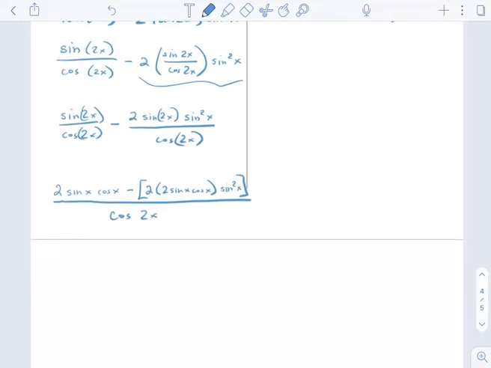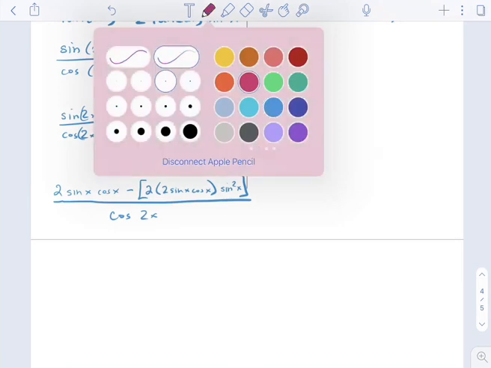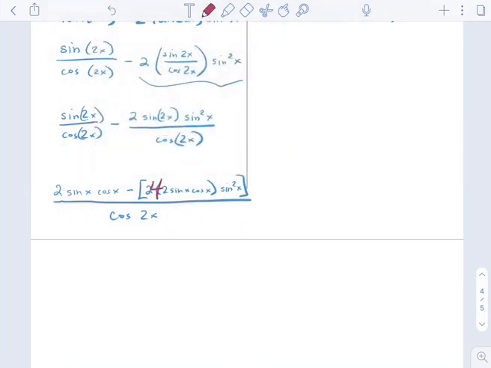So now normally what we would do is distribute. So I'm going to distribute this negative inside. But I'm also going to simplify it a little bit because I know that 2 times 2 is going to be 4. So I'm going to make that 4 as I distribute my way through.